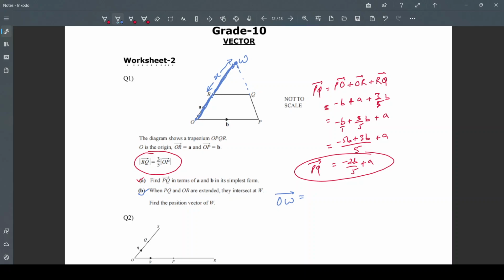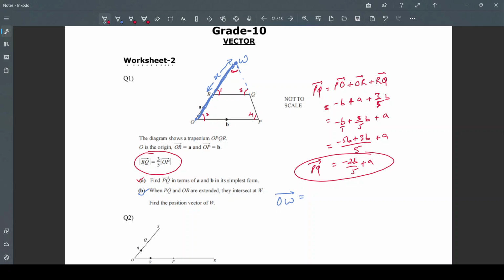Because this is a trapezium, two of the sides are parallel, so these two angles will be equal, and this angle will also be equal. So angle 1 and 2 will be equal, angle 3 and angle 4 will be equal.